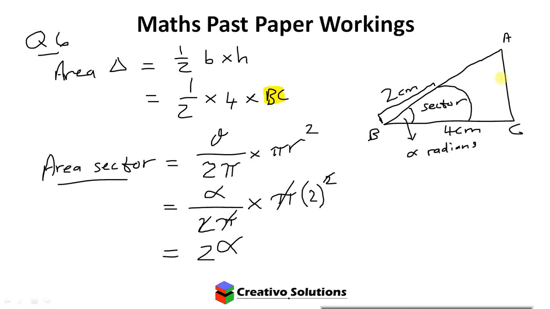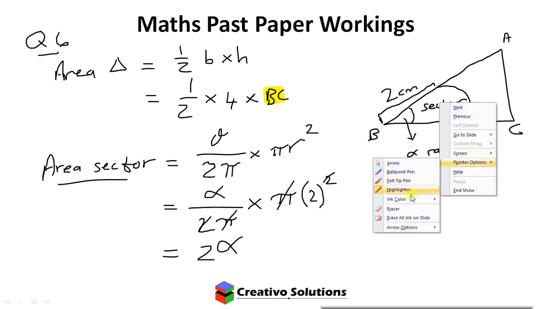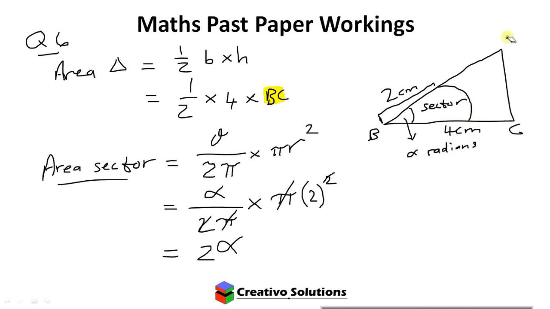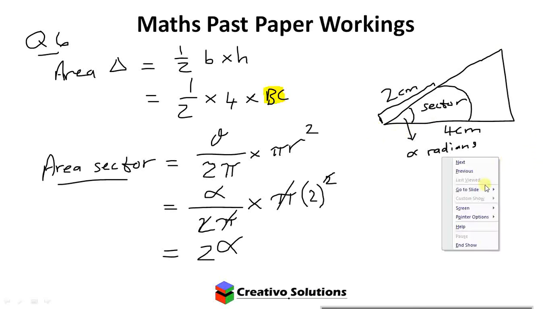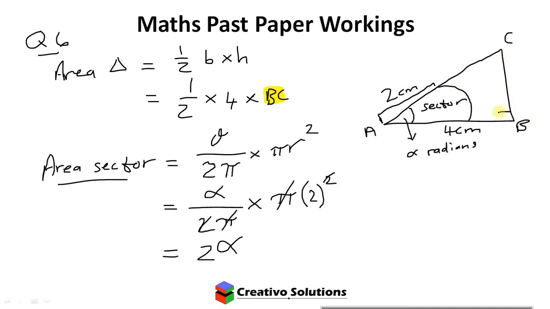I think I've labeled mine incorrectly. My letters aren't right, let's just change it. A is here, B is there, and C is here. Yes, so BC is the perpendicular height, that's what I need to find.